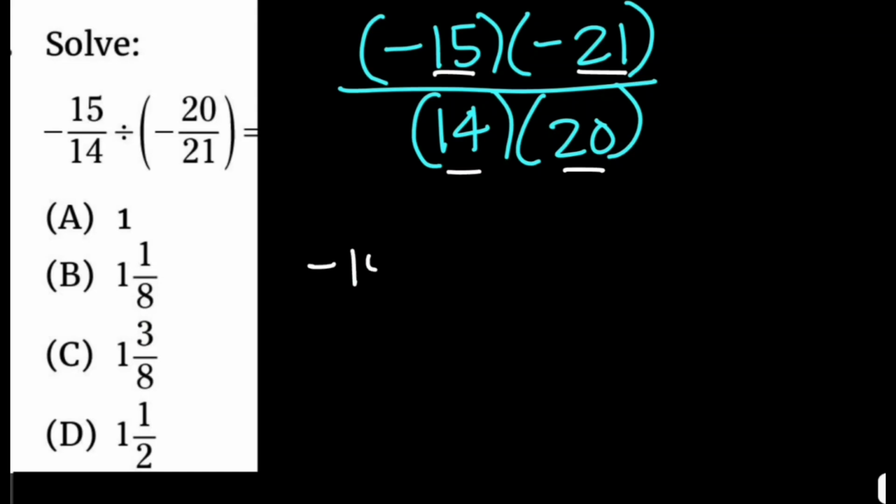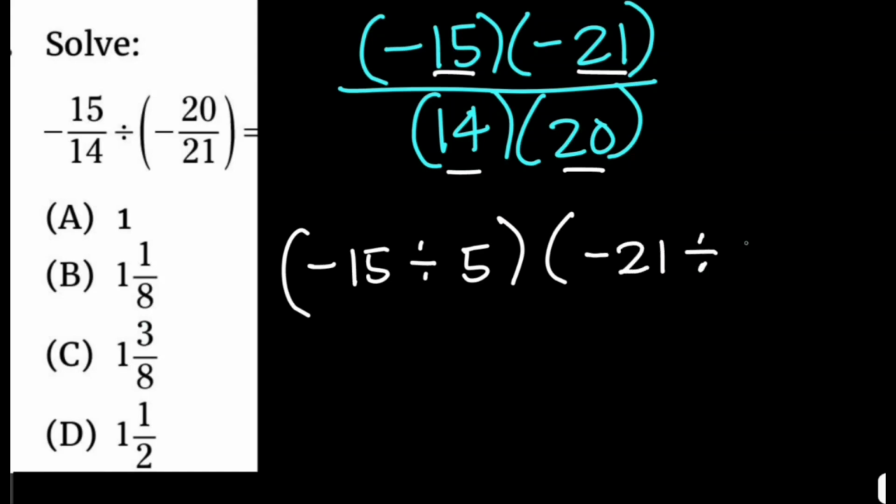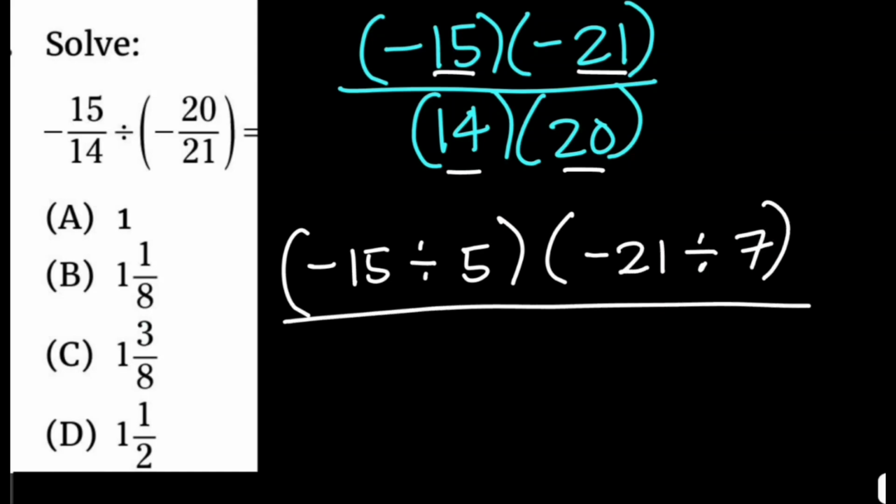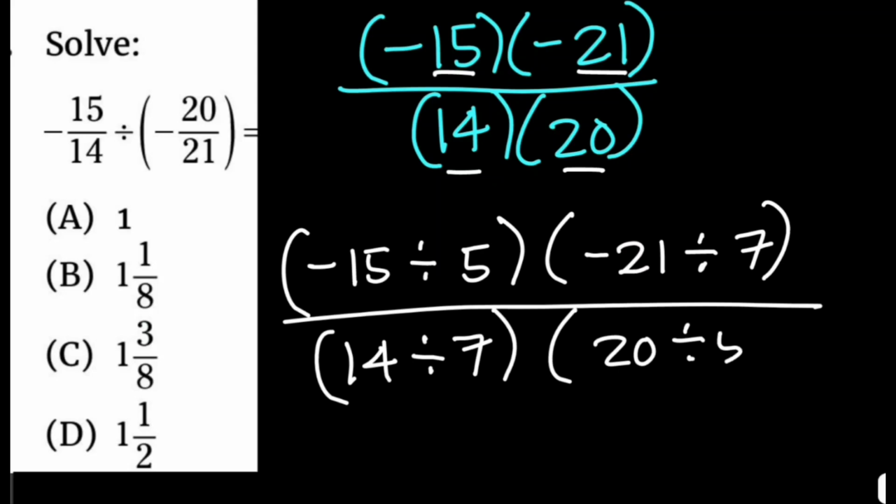So negative 15 divided by 5 times negative 21 divided by 7 over 14 divided by 7 times 20 divided by 5.